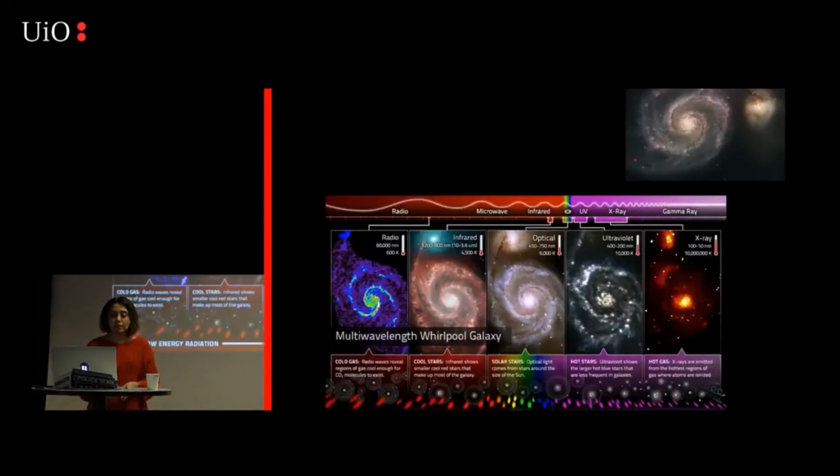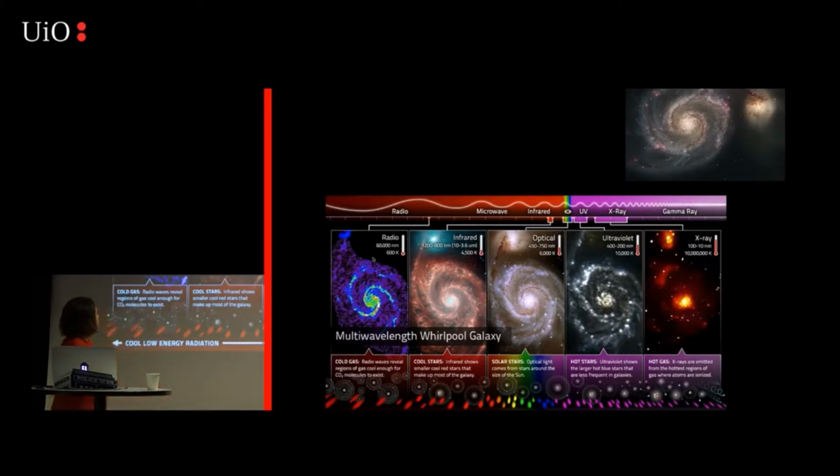Here we see the Whirlpool galaxy. This image is taken with an optical telescope. And here you have images of the same galaxy at different wavelengths, from radio to X-ray.